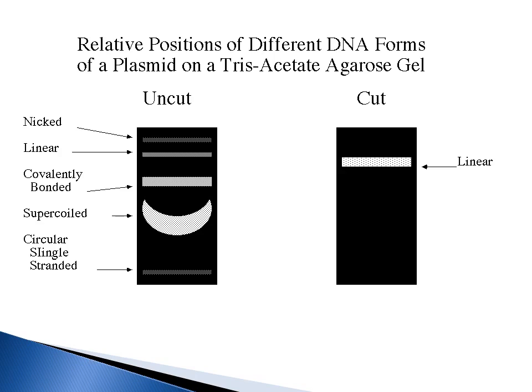So here's the relative positions of plasmid on a tris acetate agarose gel. Again, you're going to have your nicked or relaxed plasmid, which is cut, that's going to run the slowest. Your linearized plasmid is going to run the next slowest.